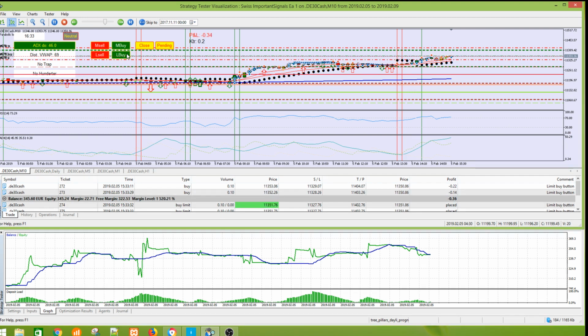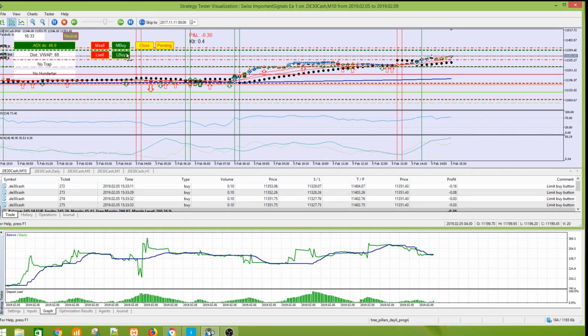Put some limit buys in. Maybe we will rise until 5 o'clock.